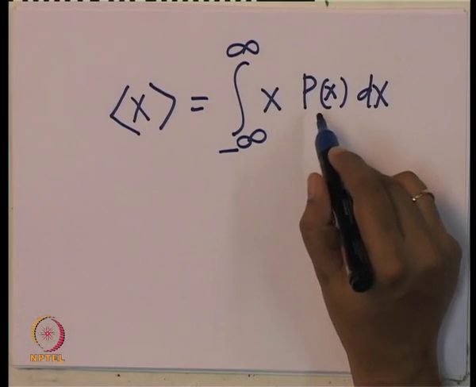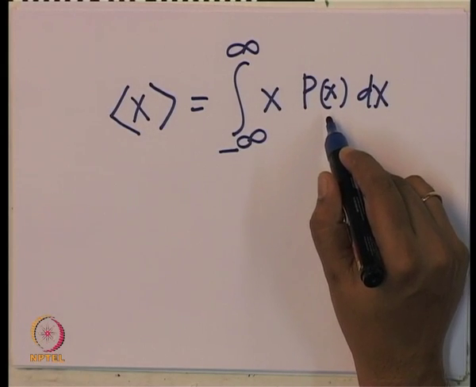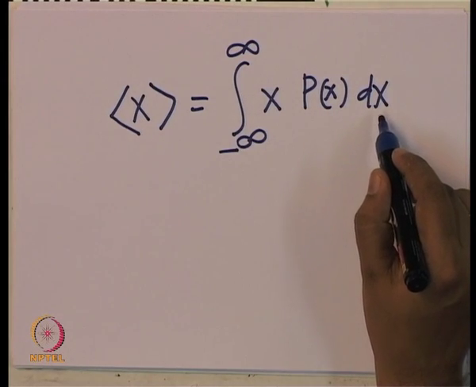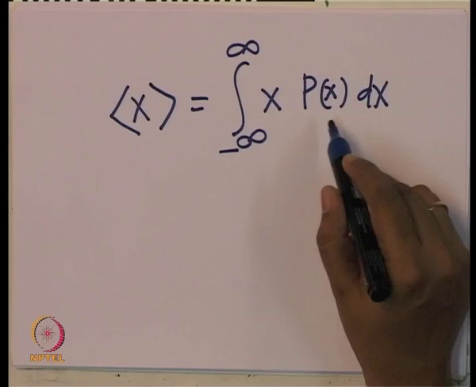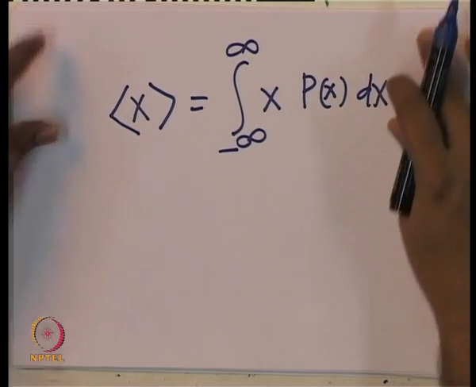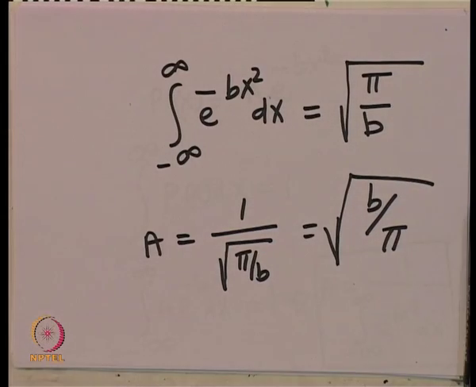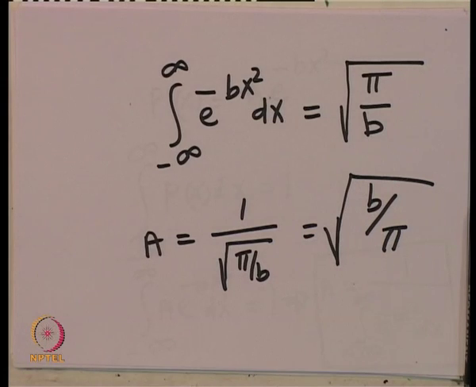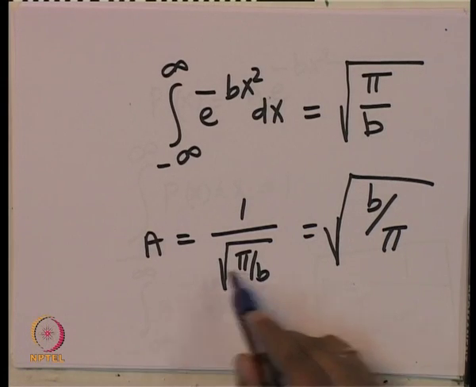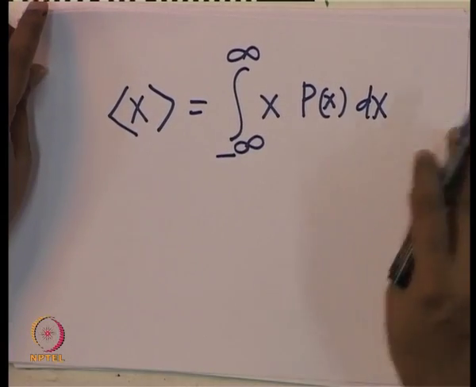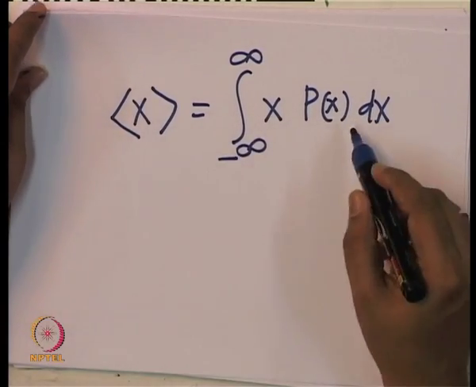For P of x, the integral of P of x has to be 1. The process we just did a few minutes ago, calculating the integral to find A, is called normalization. So P of x is a normalized function, and if P of x is normalized, this is the definition of x average.